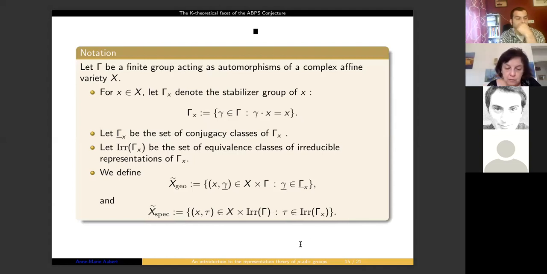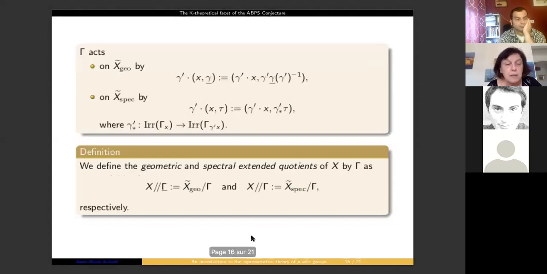So today we will use the geometrical version, but for later purposes, for instance in relation with the local Langlands correspondence, the spectral version is more useful. Then we have an action of our group Γ on both these sets, naturally, as follows.